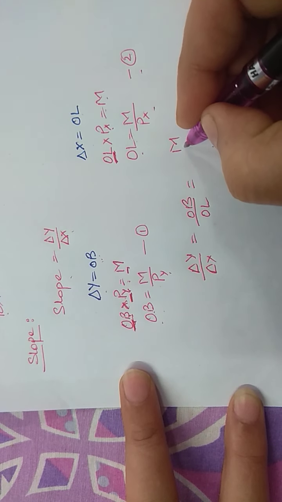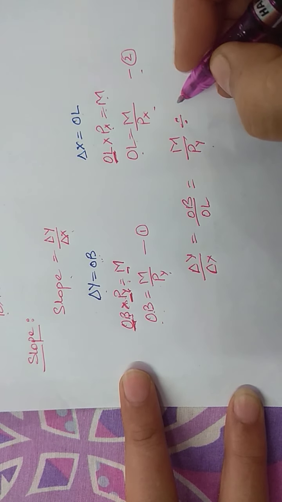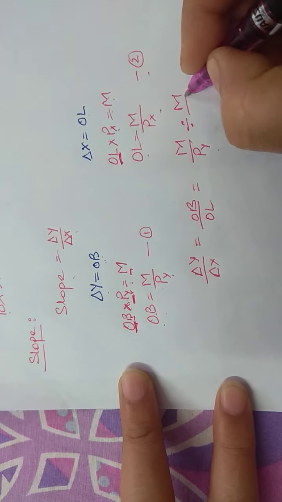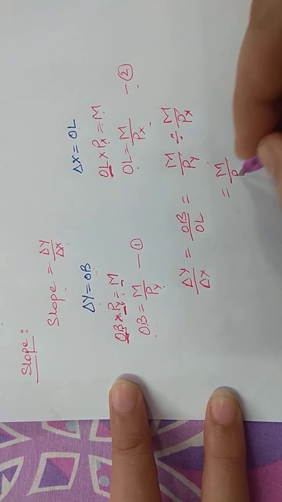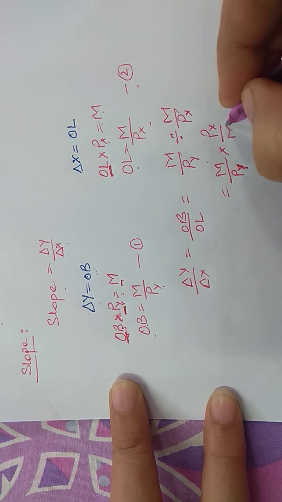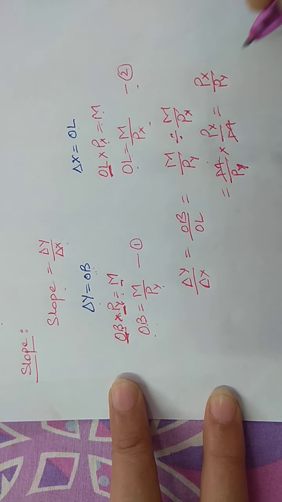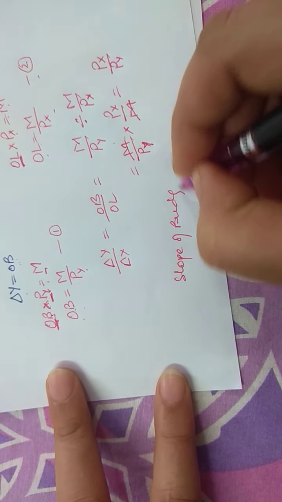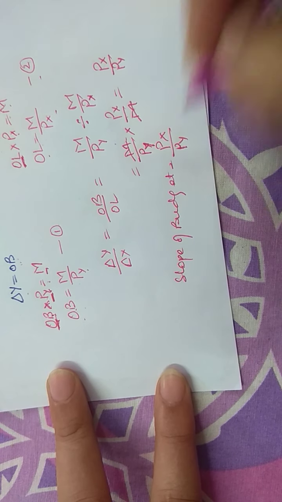OB is equal to m upon py, and we have to divide this by OL, which is m upon px. When we solve this, it becomes m upon py into px upon m. The m is cancelled. So it is px upon py. So the slope of the budget line is the ratio of the prices of the two commodities X and Y.